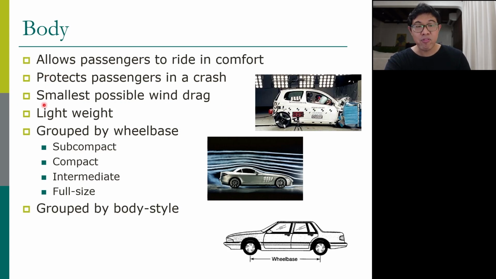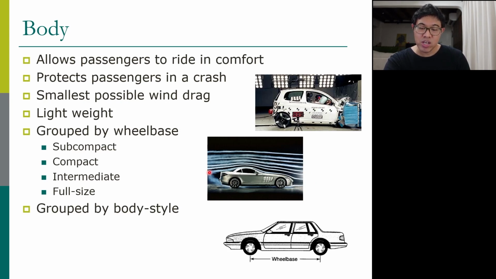And there are features that we want from the body. The first feature is that it should have the smallest possible wind drag. Wind drag is the force created by the air outside that pushes the car back. As the car moves into the air, it creates high pressure in the front and low pressure in the back.